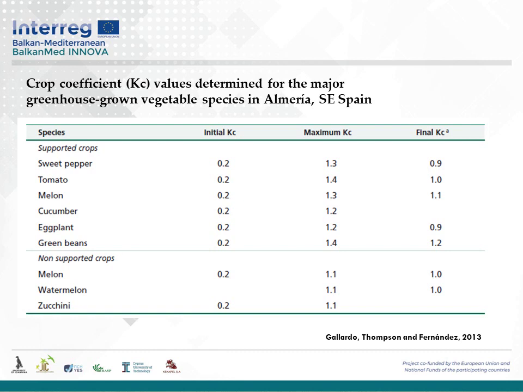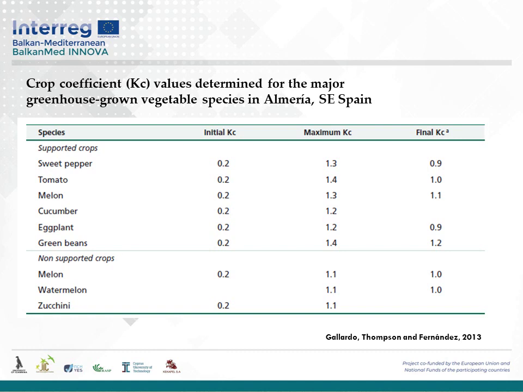The initial values are very low, 0.2, because they correspond with the immediate period after transplanting, when the plants are still small, with a small leaf area, and because of that the rate of evaporation of water is very low.